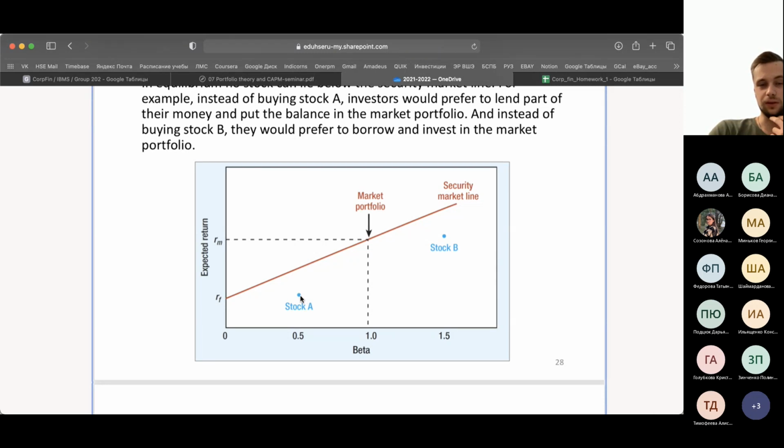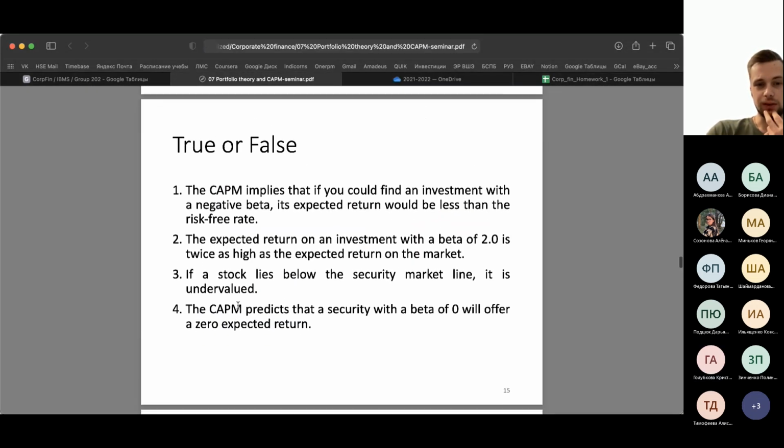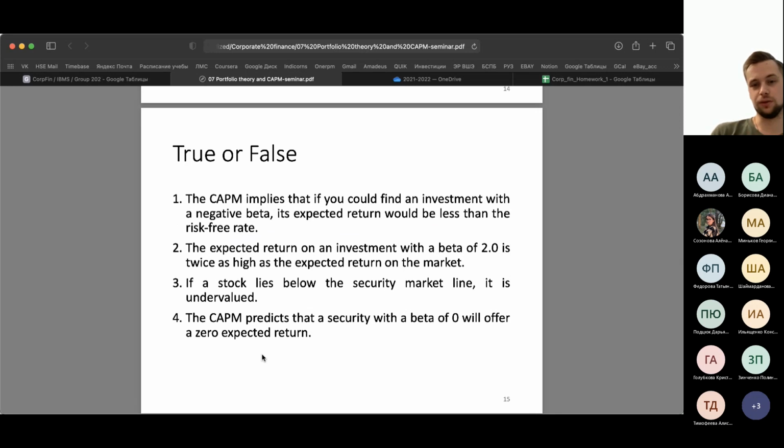It means that the price for the stock is very high and should be lowered in order for this stock to provide the theoretical, expected return. So it's false.